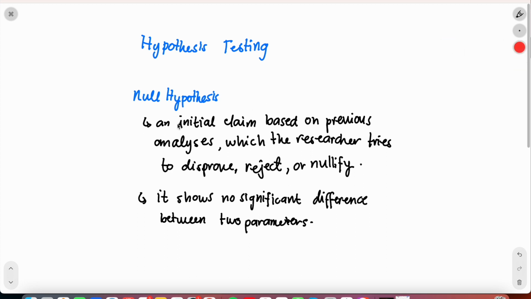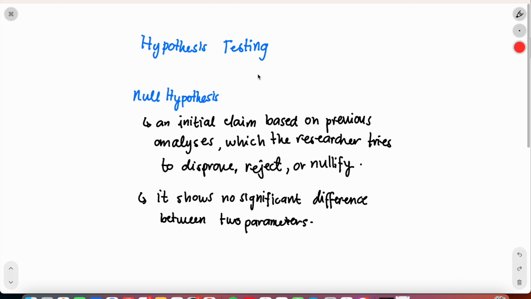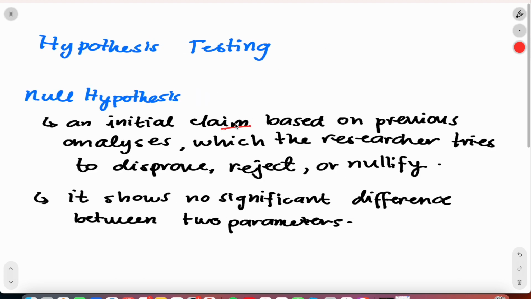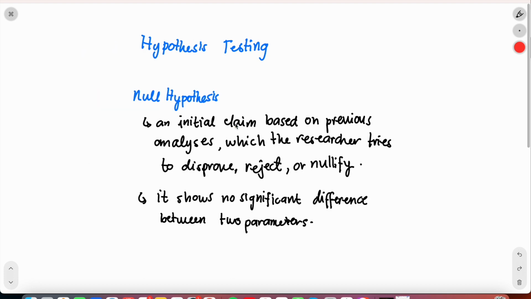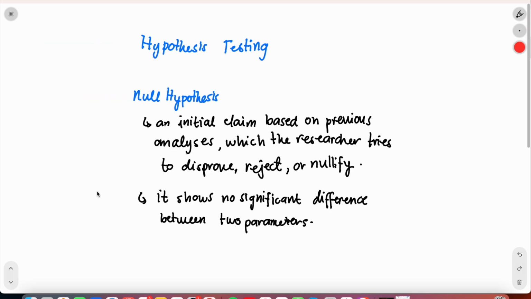So it says here that null hypothesis is an initial claim based on previous analysis, which the researcher tries to disprove, reject, or nullify. So it shows no significant difference between two parameters.